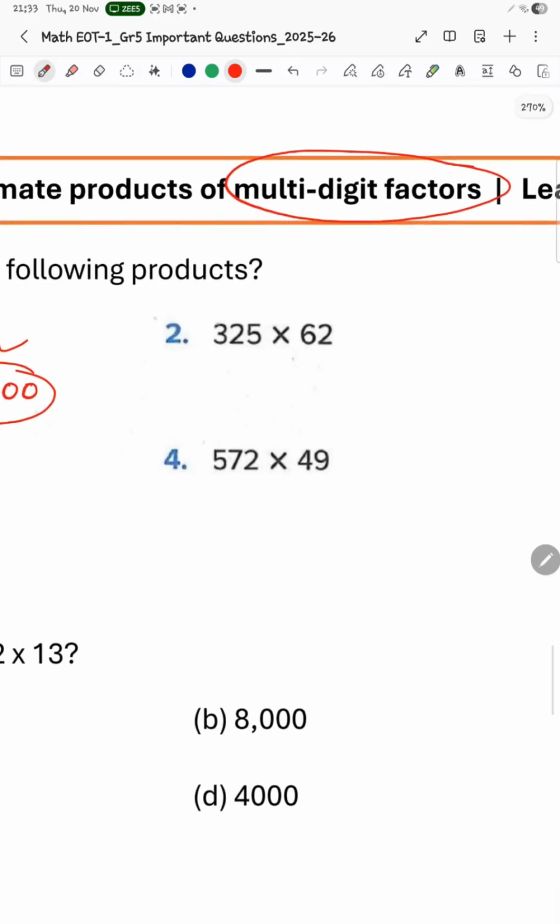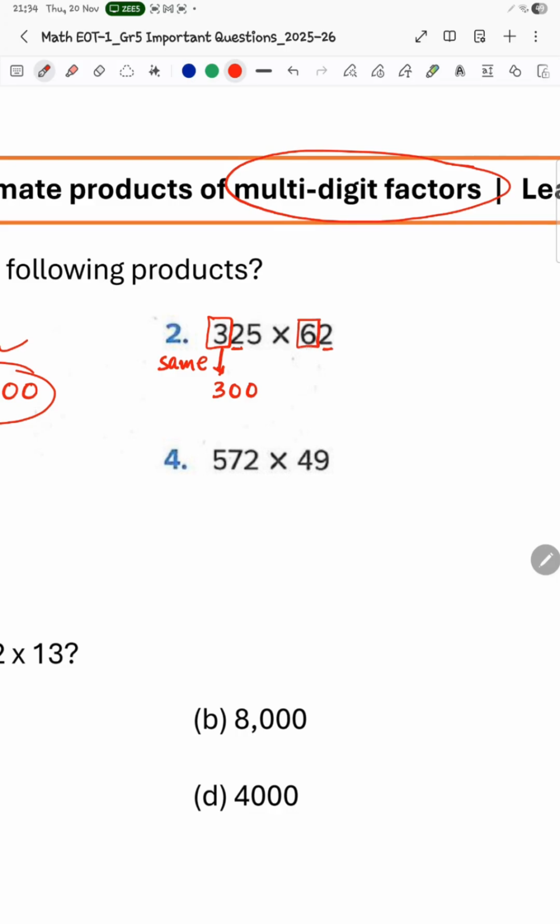Same here, make it in the box, look at the next digit. Next digit is 2, not good, so this will remain the same. So 3 will remain the same and the rest of the digits will become 0. And here also, make the first place in the box.